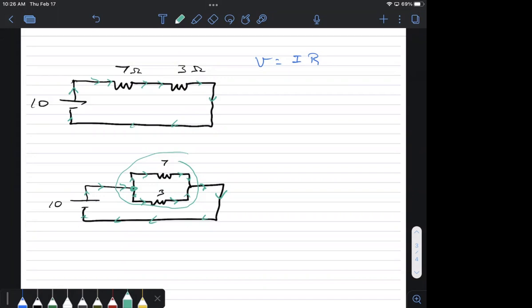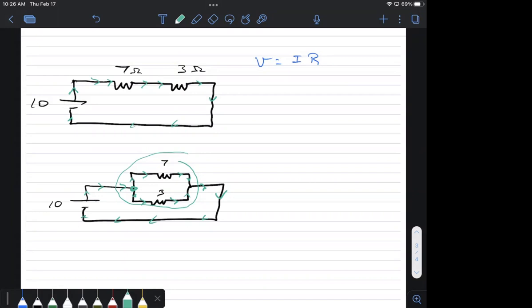So surely, the second circuit does not act the same way as the first, because every single electron that's trying to flow through doesn't feel the full resistance. Some of them feel a 7, some of them feel a 3. Whereas in the first circuit, everyone feels a 7 and a 3, both. So surely they work differently. And in fact, they do work differently.